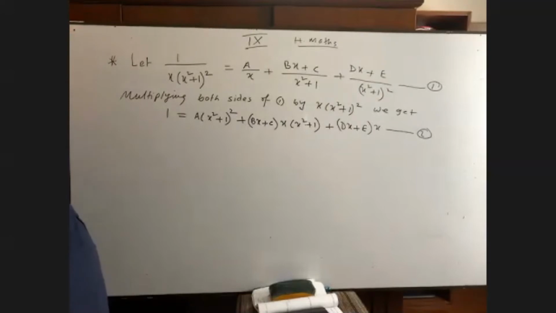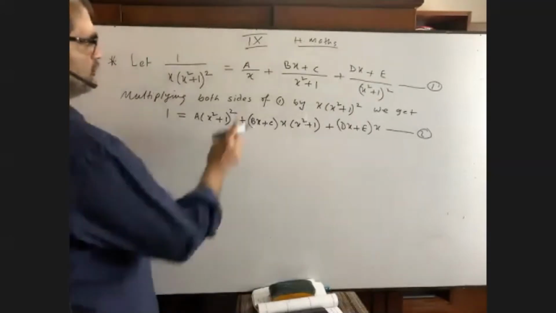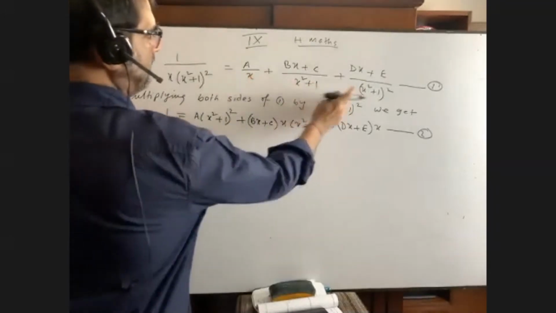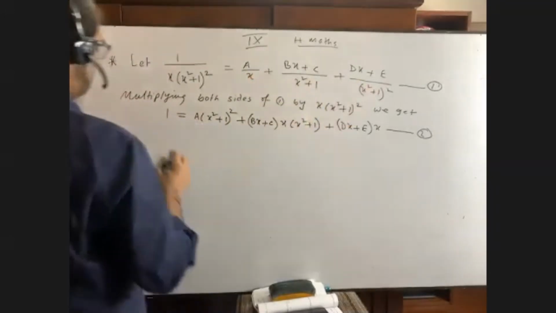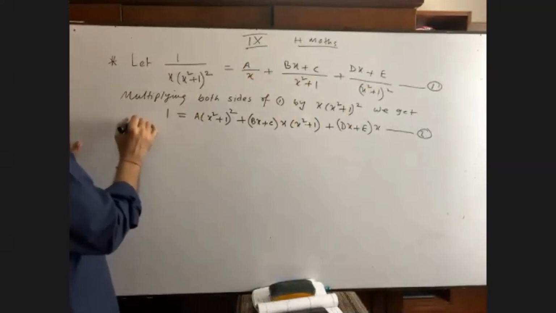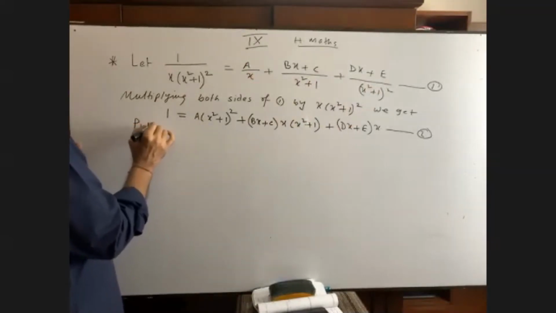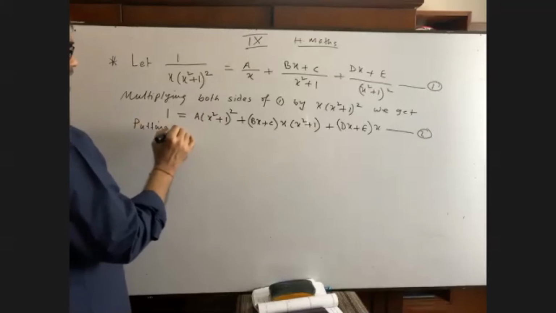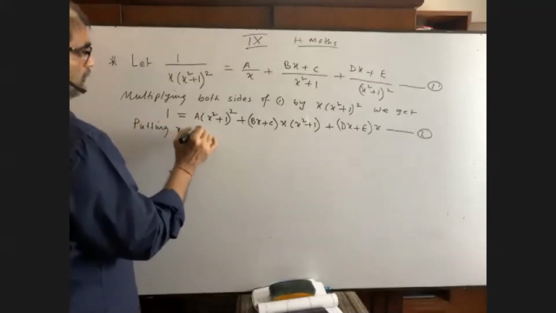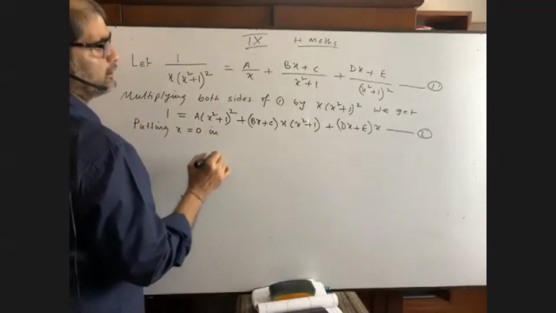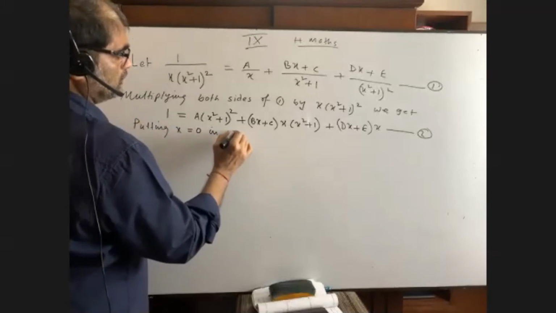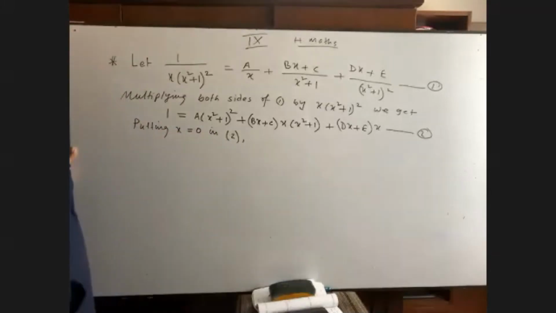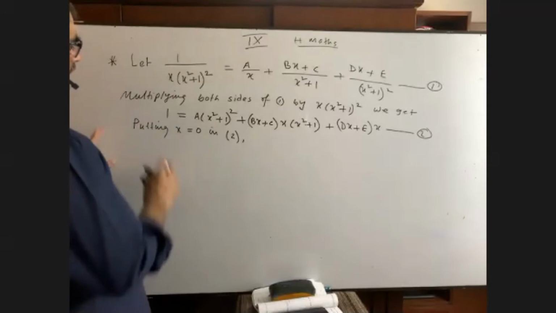Now you see, we can get only x equals to 0 and we cannot find any value from here. So write down, putting x equals to 0 in 2. x equals to 0, so we are getting here 1.